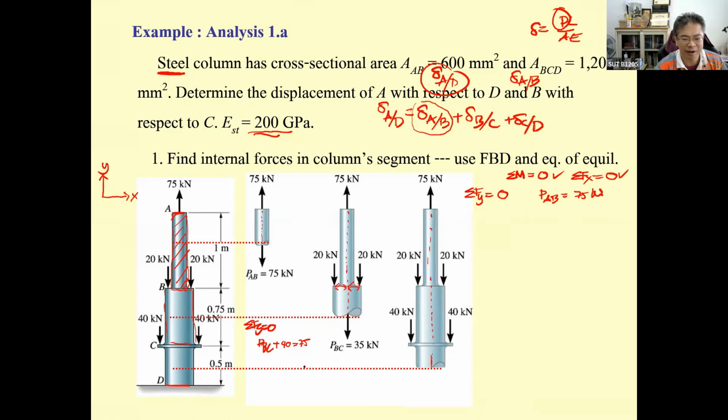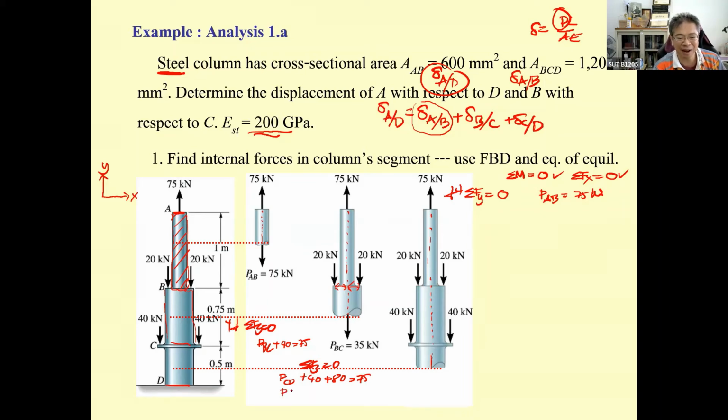And the last one, summation of F sub y equal to 0. Let's say downward is positive. So P sub CD plus 4T plus 8T, and then that is equal to the upward 75.